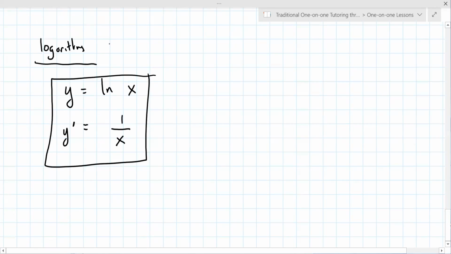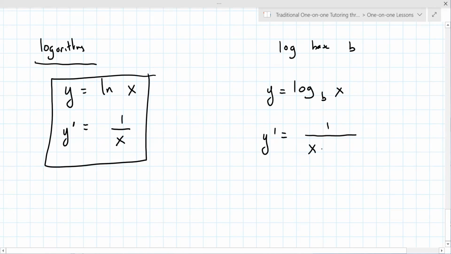These are natural logarithms. The other type of logarithm is log base b. So y equals log base b of x, and the derivative is 1 over x times the natural log of b.